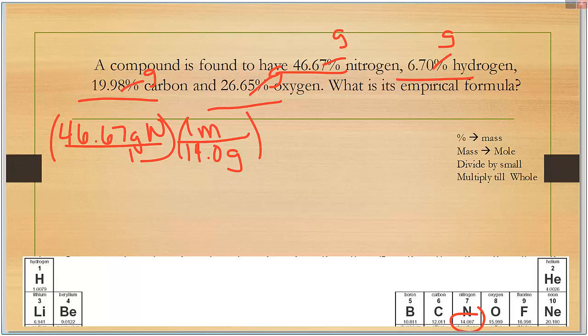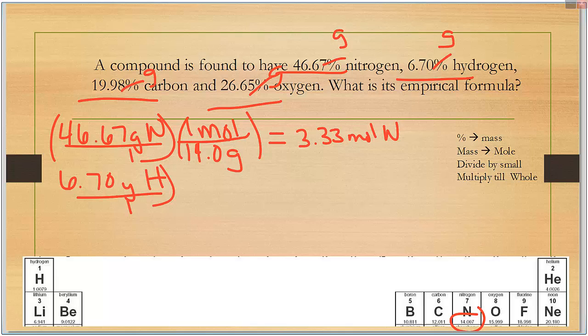And that comes out to be 3.33. Then we have 6.70 grams of hydrogen, 1.0 grams because of the molar mass, comes out to be 6.70 moles of hydrogen.